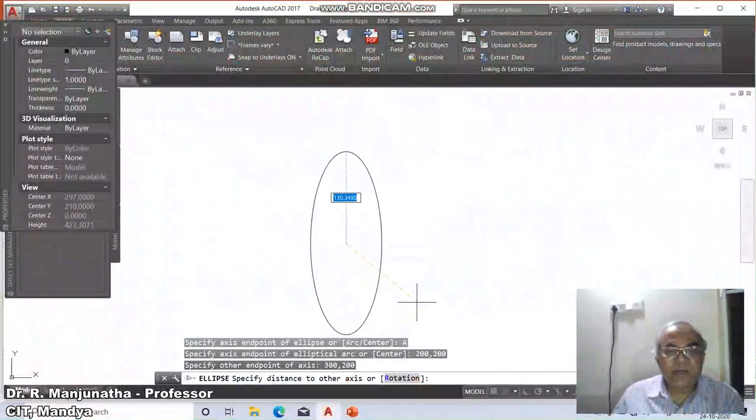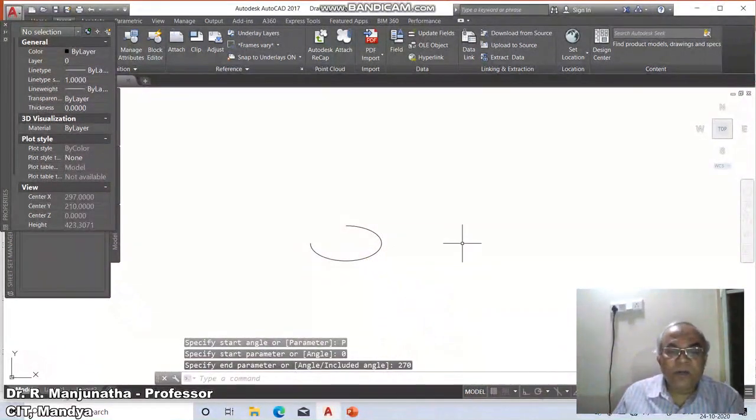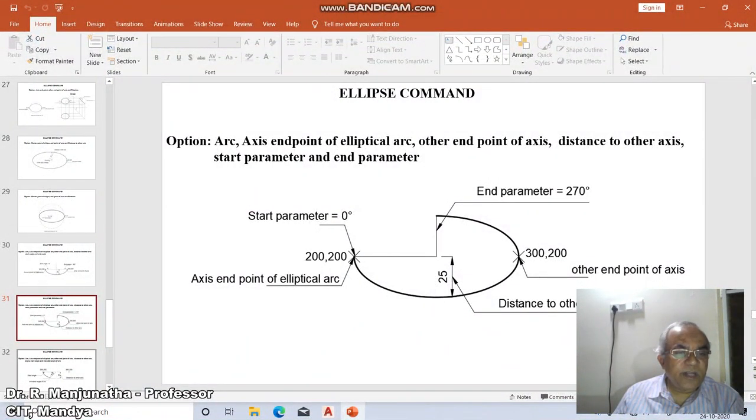Then, since it is the arc, we are going to consider the parameter P. Specify start parameter, which is 0 degrees. Then the end parameter will be 270 degrees. So it will draw 3/4 of the ellipse, which has been shown here. This is the end point of the ellipse. So again it is 0 and 270. It always rotates in the counterclockwise direction.